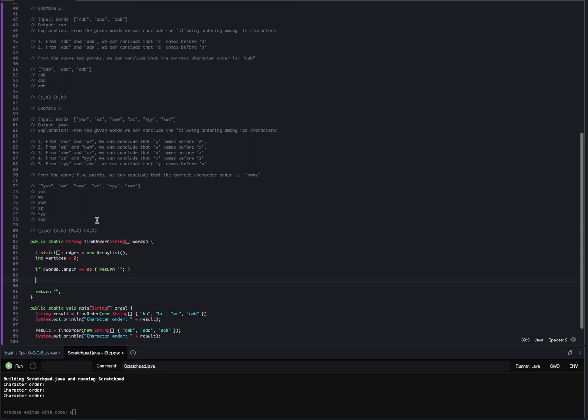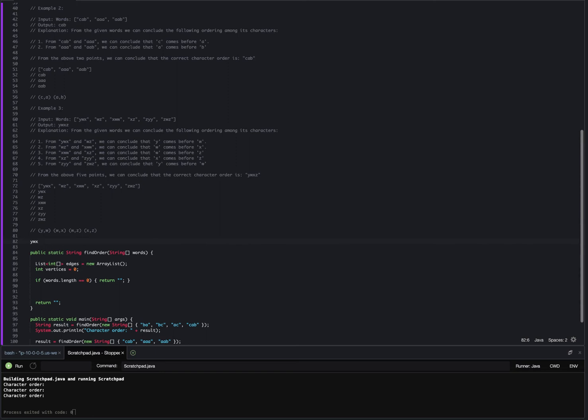I mean, we could infer there that, say for instance, we just had YWX, right? We could infer that y comes before w and w comes before x. That could be an inference that we make. The problem with that inference is that we have nothing to verify that against, right?